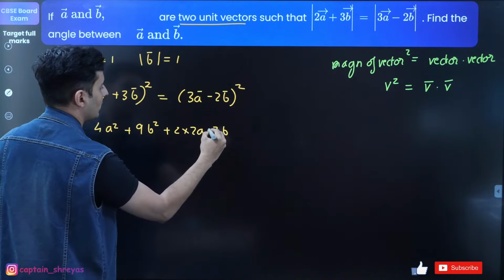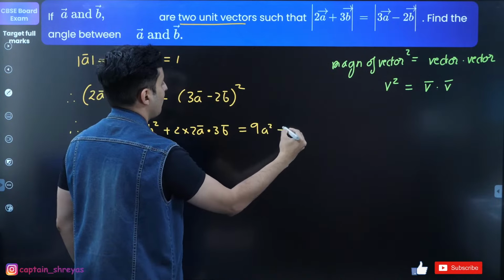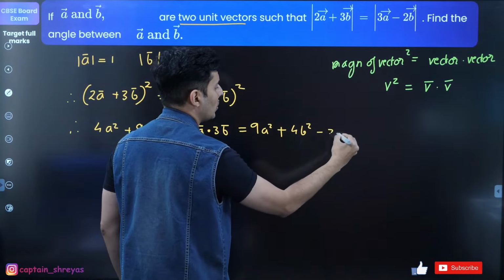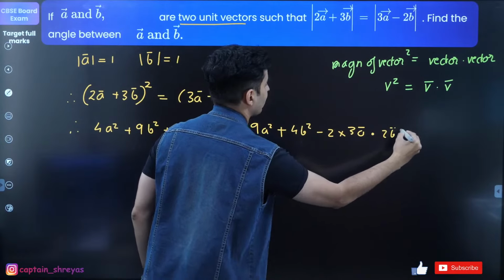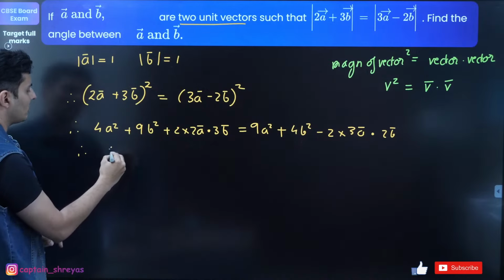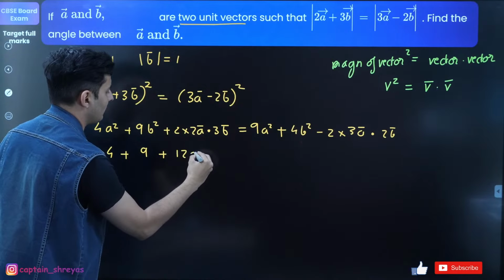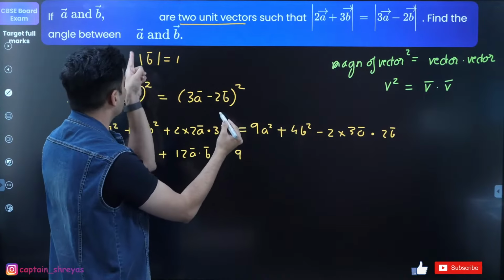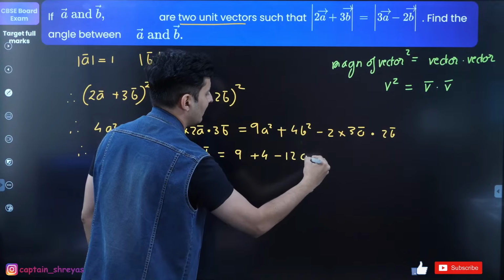That is equal to 3a square, which is 9a square, plus 4b square, and here you will have minus 2 into 3a dot 2b. Let's see what happens next. A has magnitude 1, so this will become 4 plus 9 plus 12a dot b, equal to 9 plus 4 minus 12a dot b.